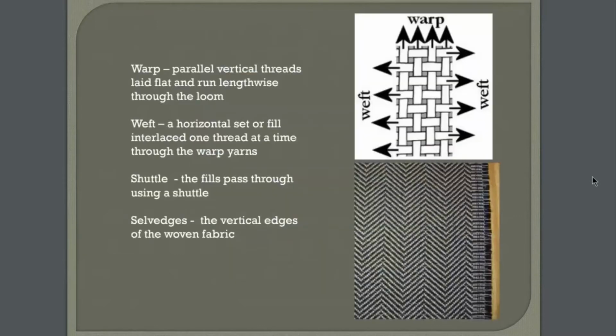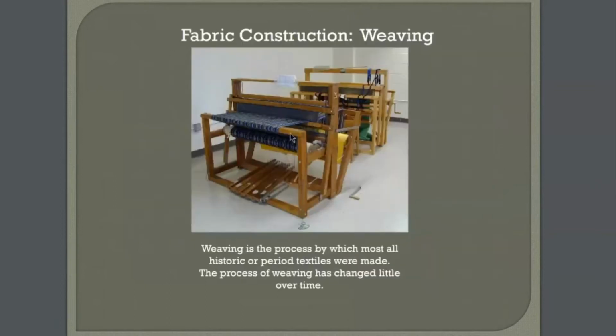The basic terms that I would like you to learn, and you've heard me use them quickly in previous lectures, are warp and weft. Picturing a loom in the last slide, the warp yarns run vertical, and the weft yarns run perpendicular to that.